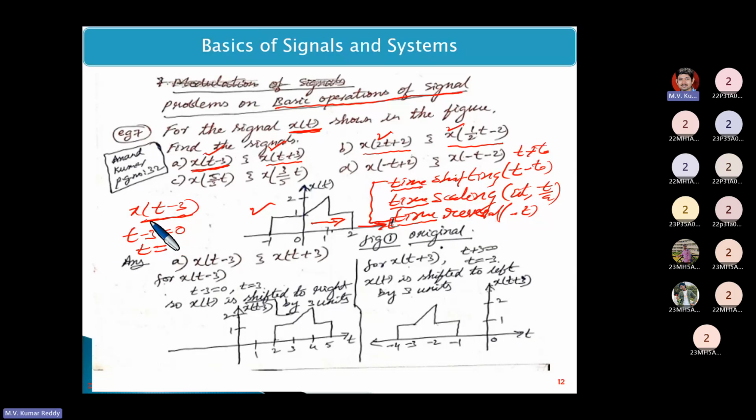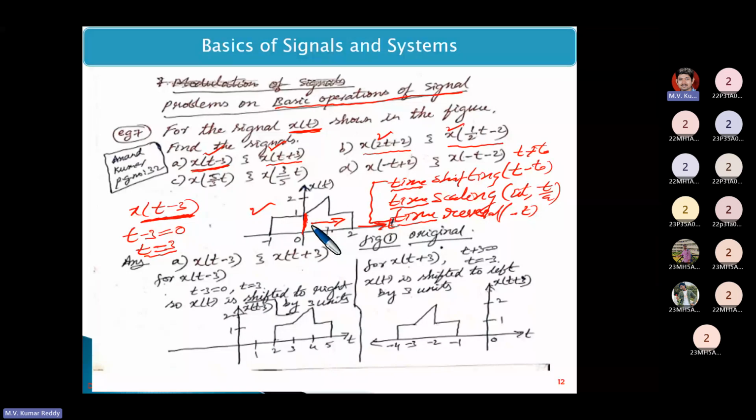Now we have to equate this bracket term to 0. t minus 3 is equal to 0. Okay, t is equal to 3. Now what is the value of t? 3. So here what is the value? 0.